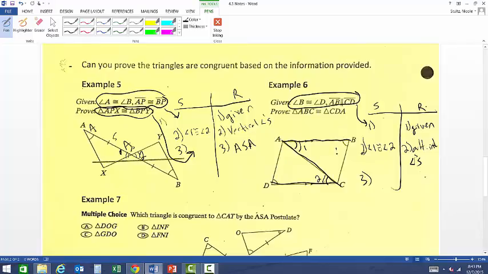So if I look at my picture, I have an angle, I have another angle marking. So somehow I need to get a side marking in here, and this turns out to be a shared side. So we need to write that AC equals itself. And as before, we'll call that the reflexive property.